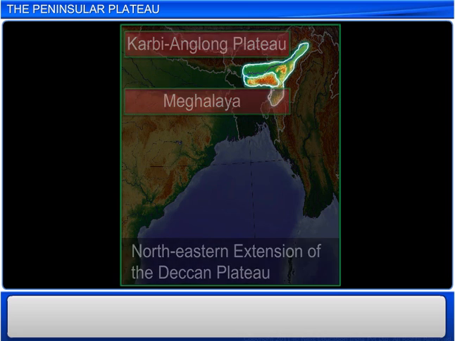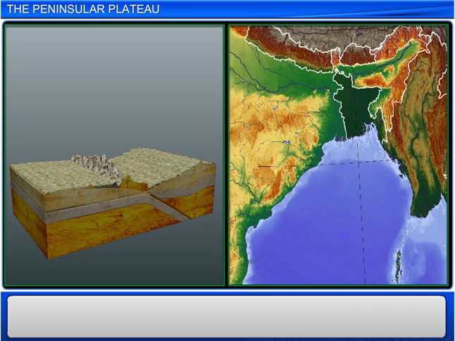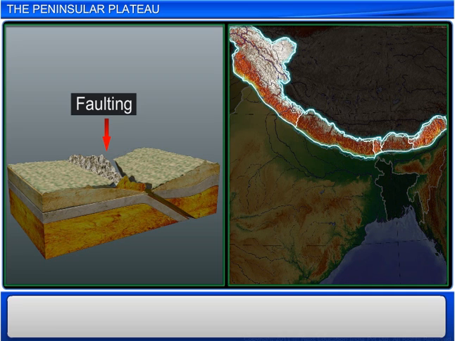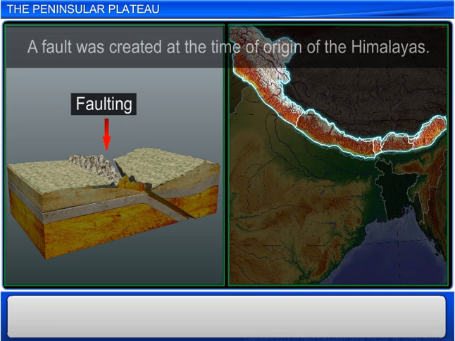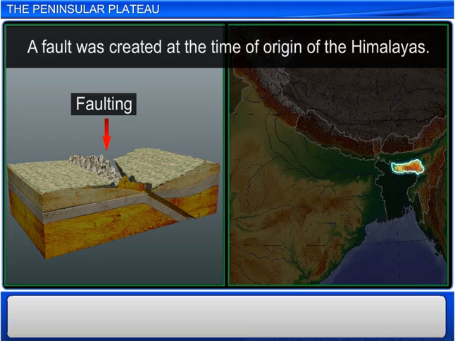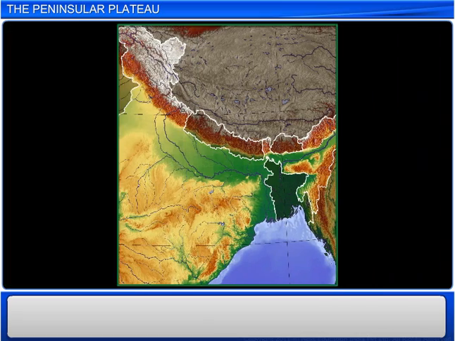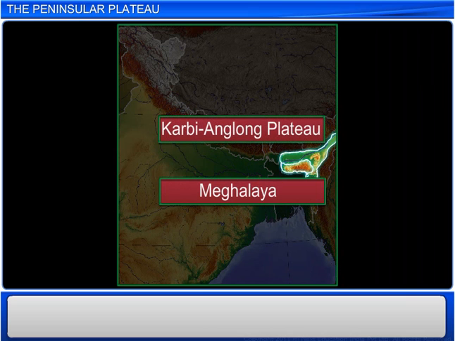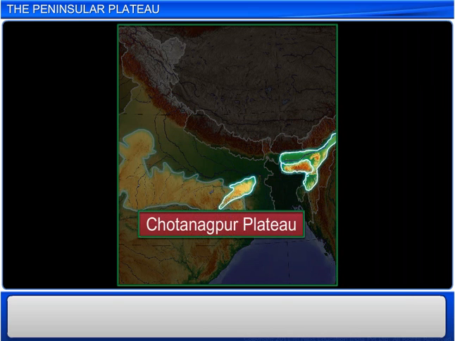It is believed that due to the force exerted by the movement of the Indian plate at the time of the formation of the Himalayas, a huge fault was created. This fault demarcates the Meghalaya and Karbi Anglong Plateau from the Chota Nagpur Plateau.